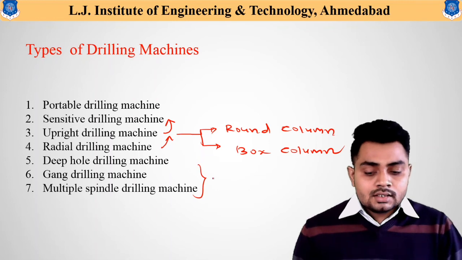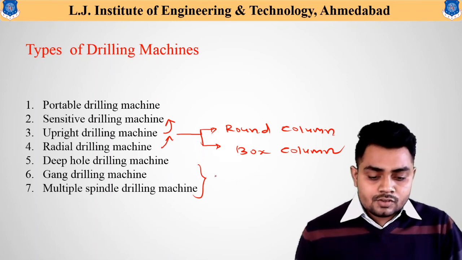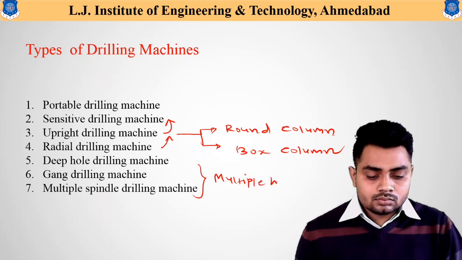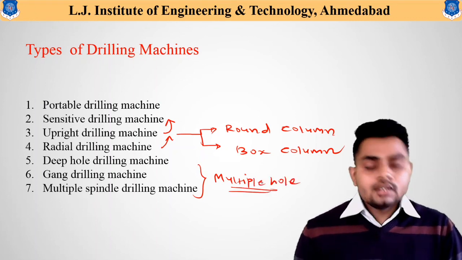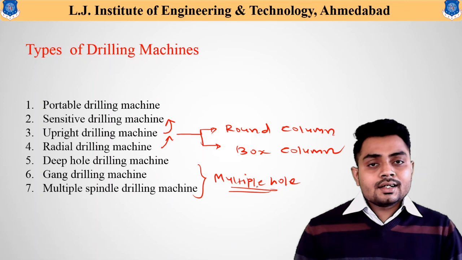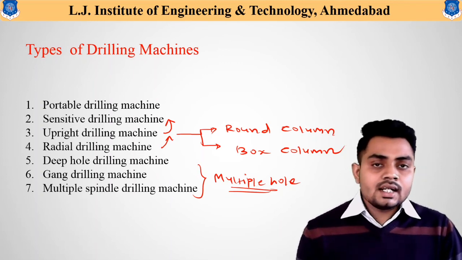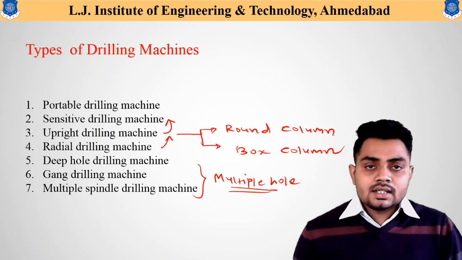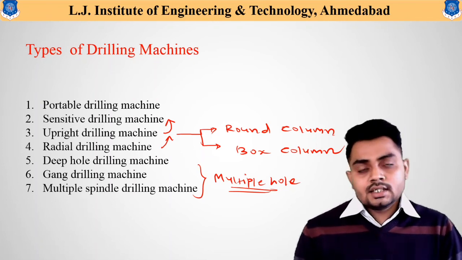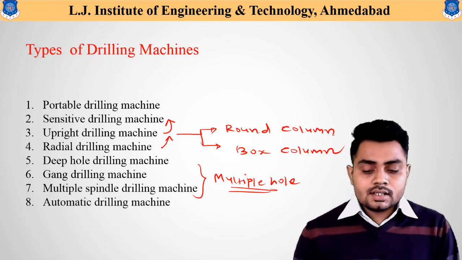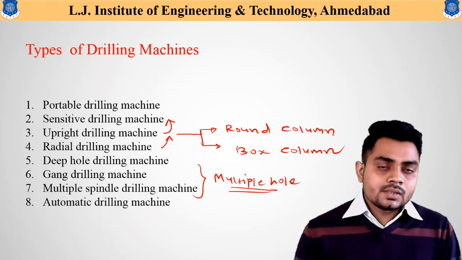That means both these drilling machines are useful to generate multiple holes at a time. But there are certain differences in arrangement. So what is the difference in arrangement of the gang drilling machine and the multi-spindle drilling machine, that we will discuss in detail.